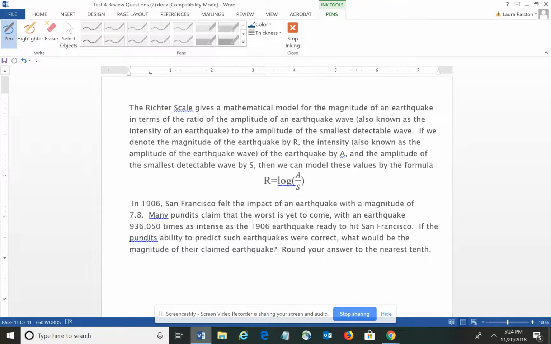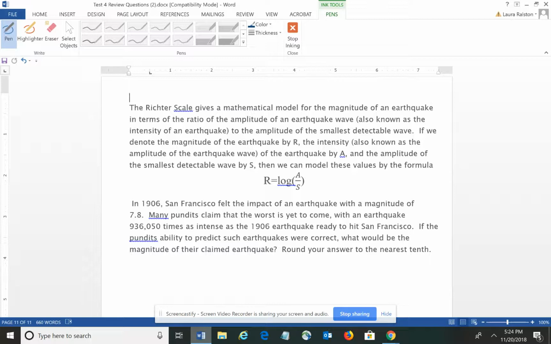If we denote the magnitude of the earthquake by R, the intensity, also known as the amplitude of the earthquake wave, by A, and the amplitude of the smallest detectable wave by S, then the model is, and they give you the formula.